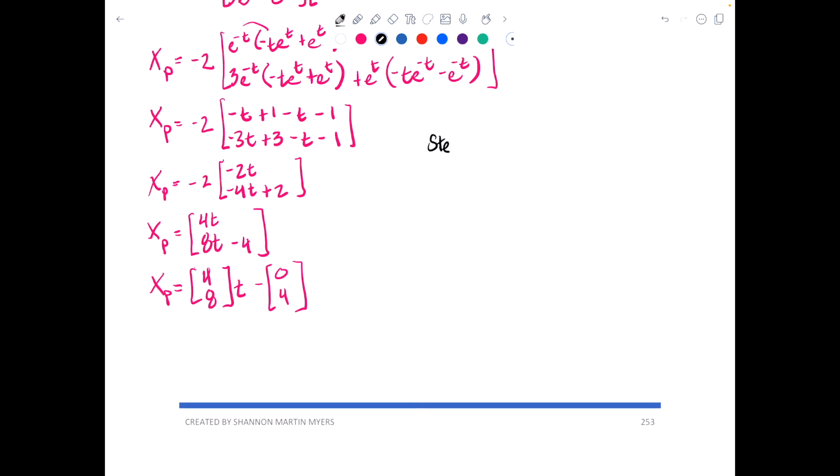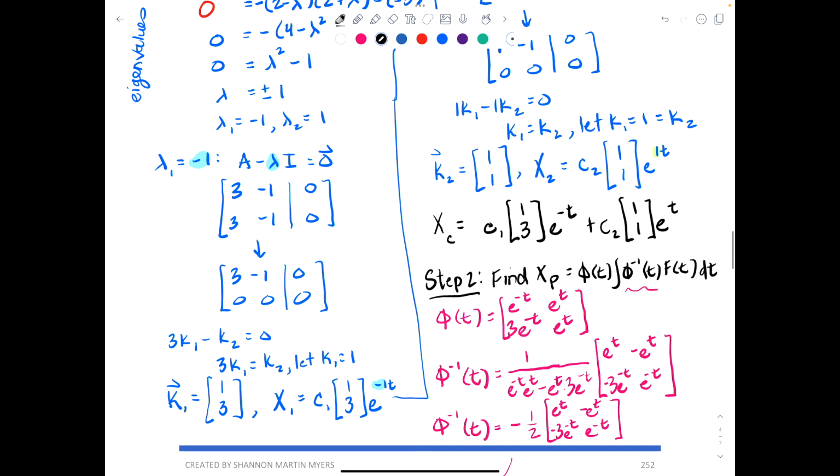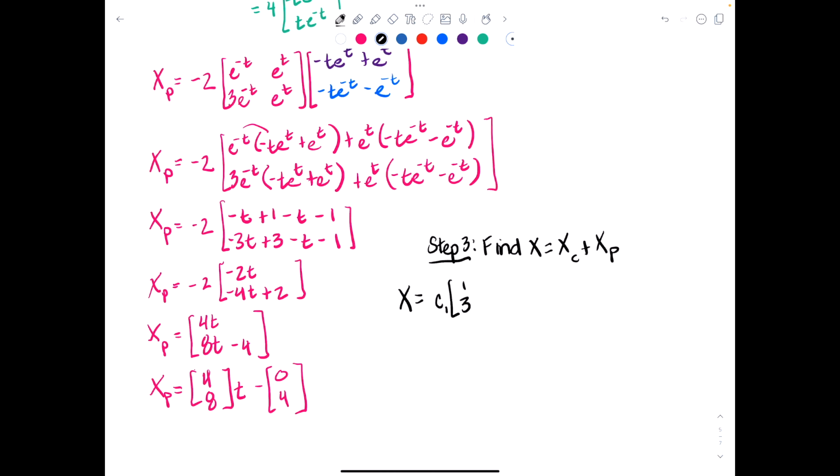All right, so the last step is just to put it all together, right? So step 3, find x equals xc plus xp. So for this one, we just put it all together. So x equals, our xc had been c1 times 1, 3 e to the negative t plus c2 times 1, 1 e to the t.